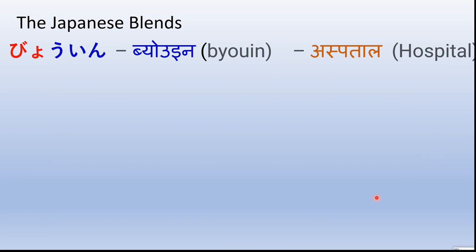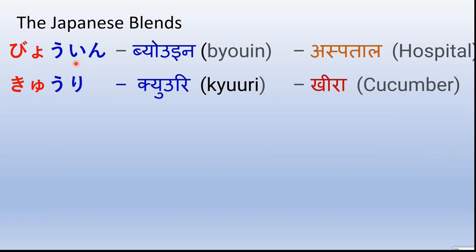So now let's take a look at words formed using blended sounds. The first one is byouin. So you can see here, this is bi, this is yo, and it is written in a smaller size. So it is byo. Byouin means hospital. Kyuuri: ki plus yu, kyu.